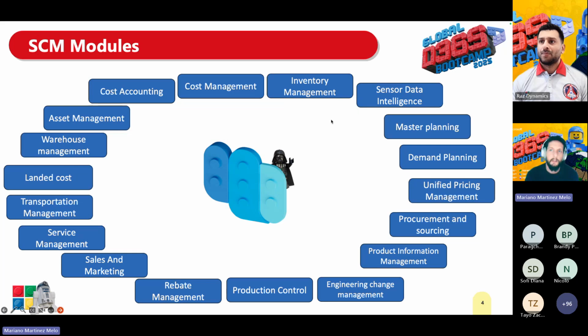We have here something that is in preview right now, which is sensor data intelligence. It's known mostly as IoT. IoT is the Internet of Things, so we can connect via Azure IoT services some signals from the components.